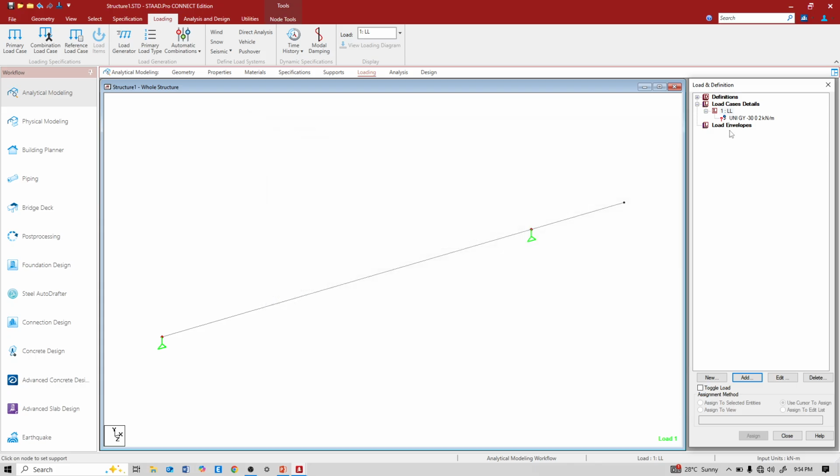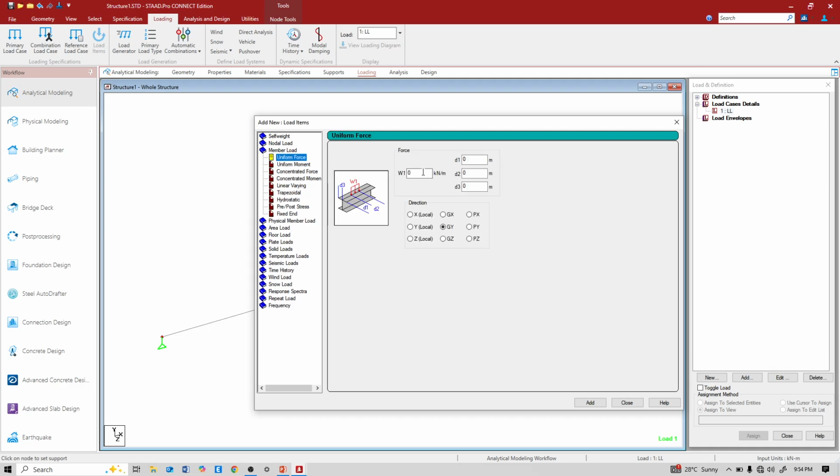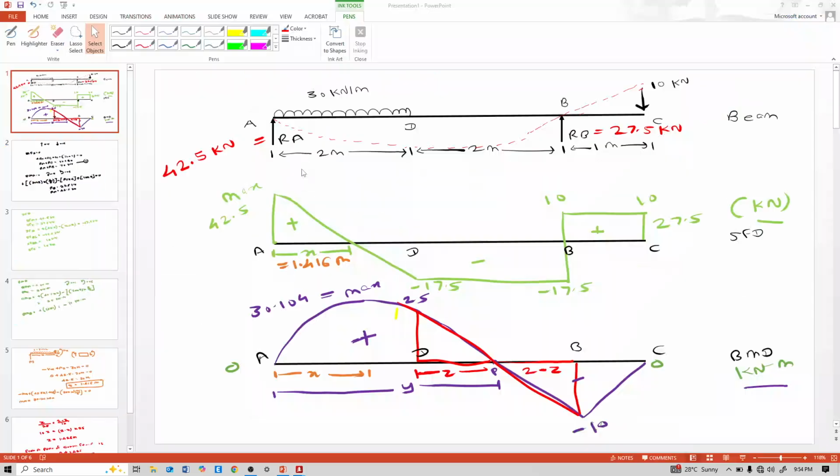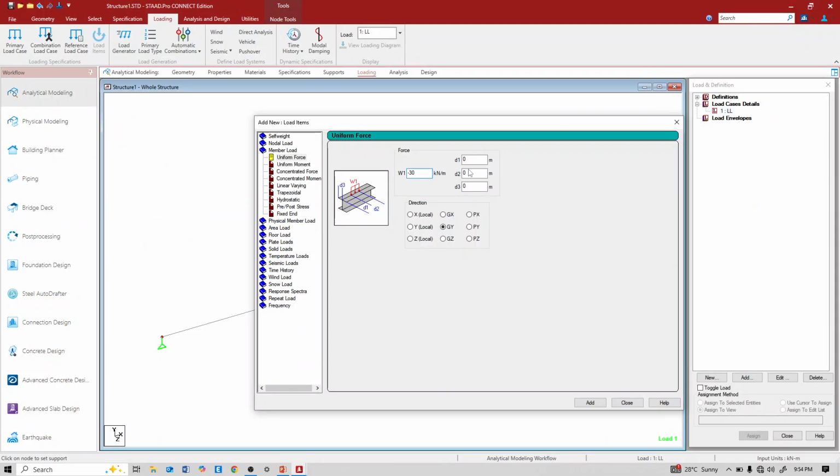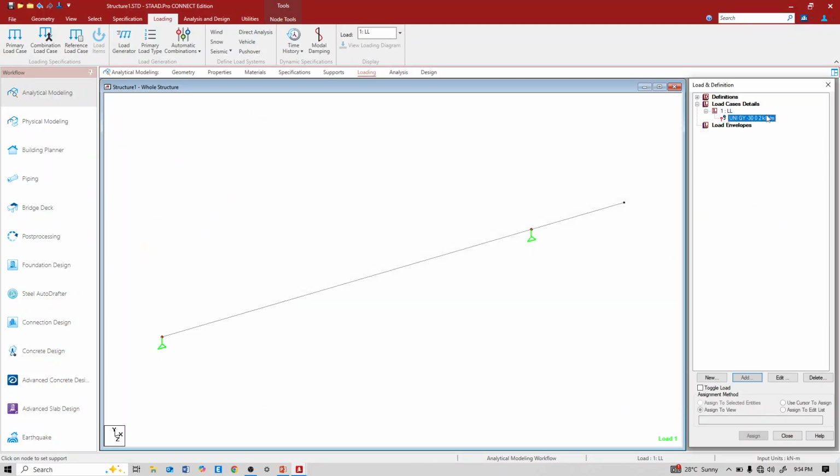So add. So this is a wrong assignment. Add member load minus 30, D2 is 2. Select, use cursor to assign and select this.